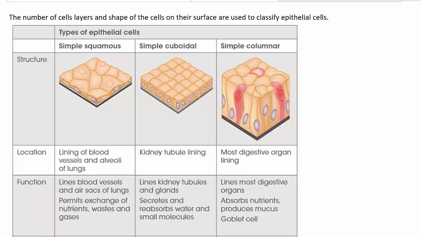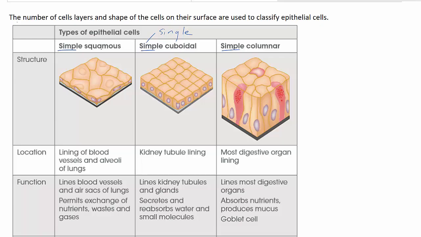So for example, you can see in the first row here that all of these cells are referred to as simple. And that's because they have a single layer of cells. They all consist of a tissue of a single layer of cells. However, they vary in their shape, which gives them their second name.